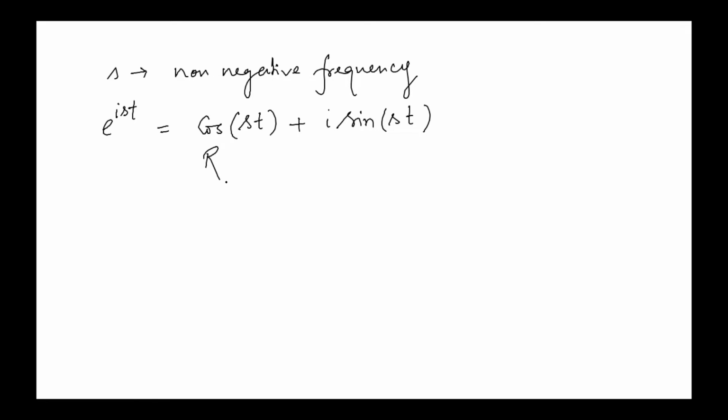This is the real part and this is the imaginary part. The real part and imaginary part can be separately observed and compared. Let us observe this using the software Mathematica.